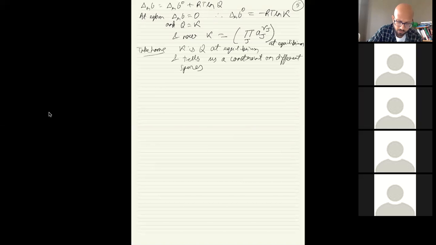What do I mean by constraint on different species? Let's look at, and thermodynamics is really a constraint. We say minimize your free energy, maximize your entropy. These are all constraints.